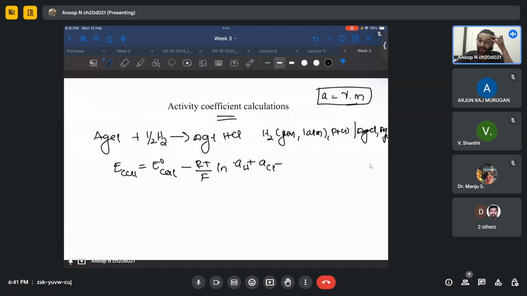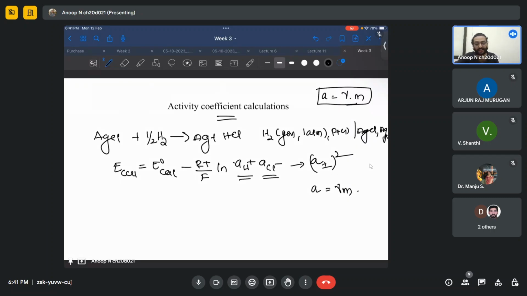In this solution, the concentration of both will be comparable, so we can write this as activity plus or minus square. We substitute back the activity, which we have written as gamma into m.